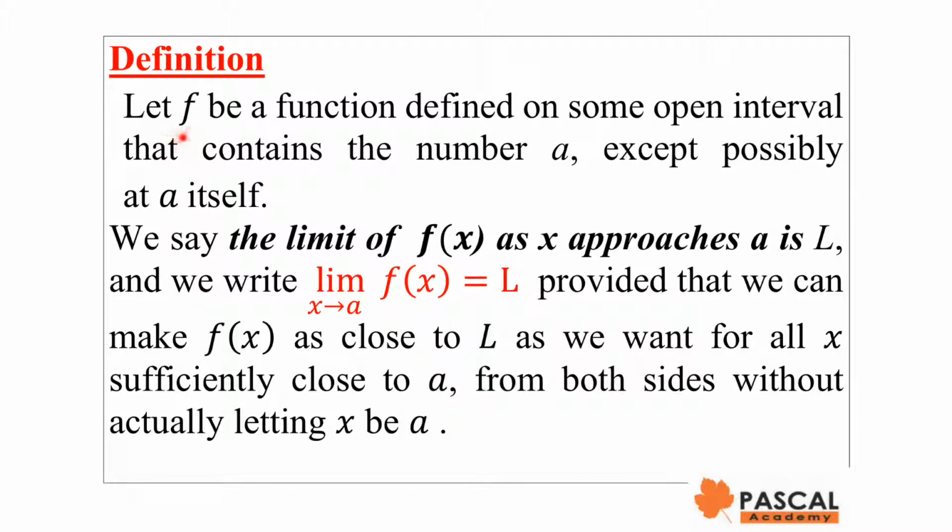If f is a function defined on some open interval that contains the number a, except possibly at a, we say the limit of f of x as x approaches a is L, provided that we can make f of x as close to L as we want for all x sufficiently close to a from either side, without actually letting x be a.